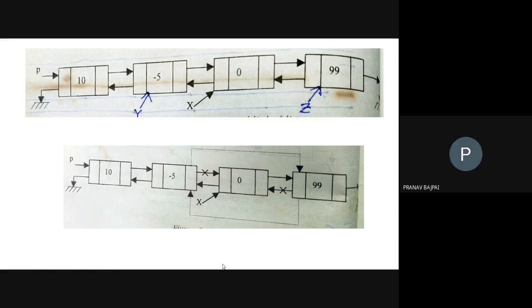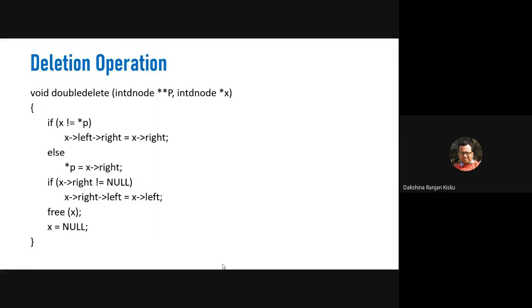Let us look at the function definition. This is the function definition for the delete operation. The name of the function is double delete. Here the double pointer p is used to point to the doubly linked list, and another pointer x is used here; x will point to the deleted node.